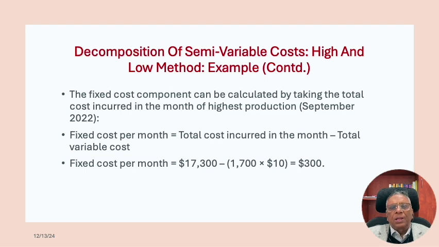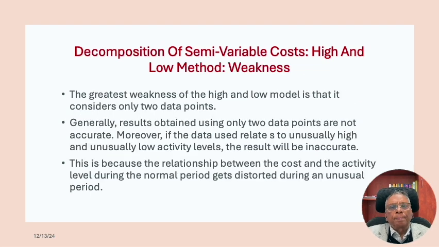Here we take the 17,300, that is the semi-variable cost at the 1700 level of activity, and deduct 1700 multiplied by 10, that is the variable cost per unit. The difference gives us the fixed component at the highest level. But as fixed cost doesn't change irrespective of the level of activity achieved, it is the same for the lowest level as well as for the highest level.